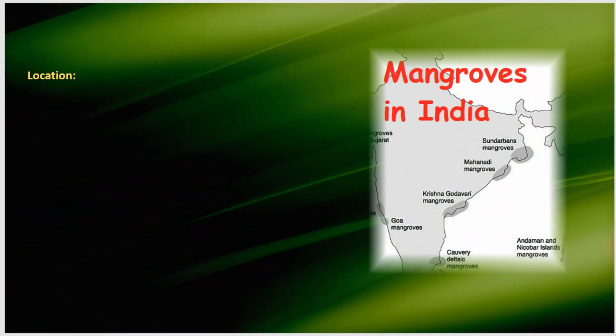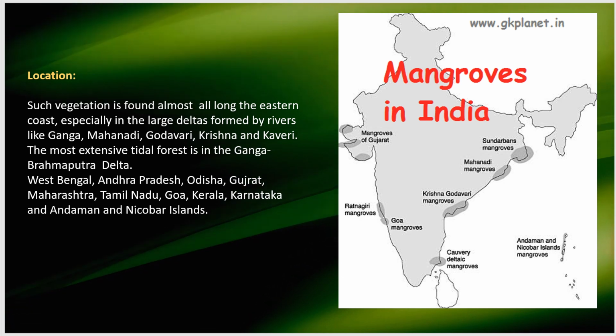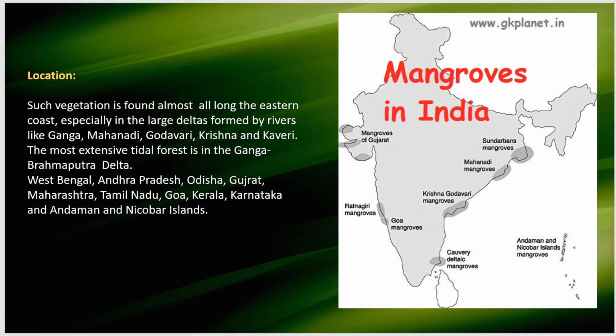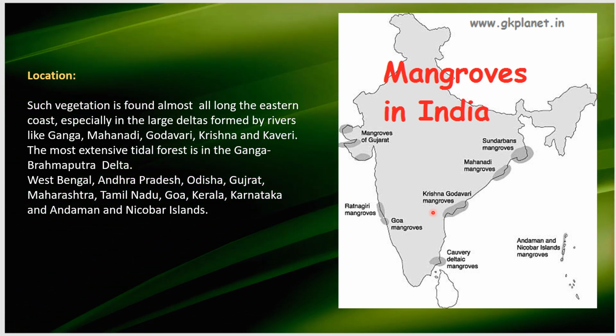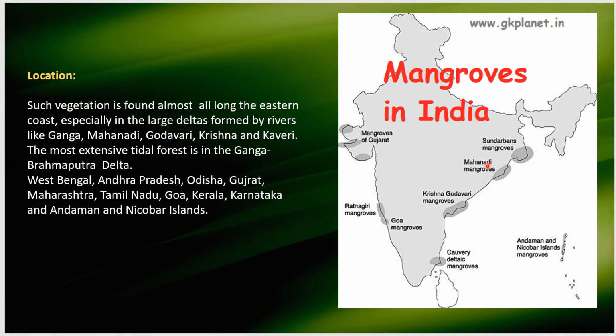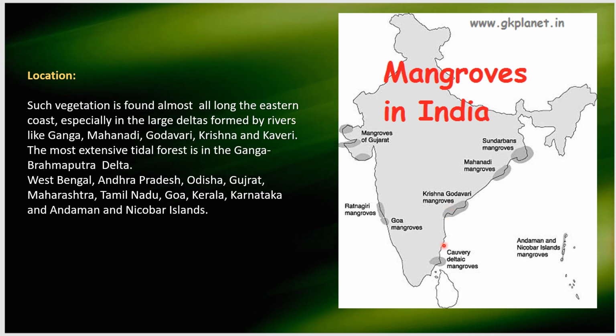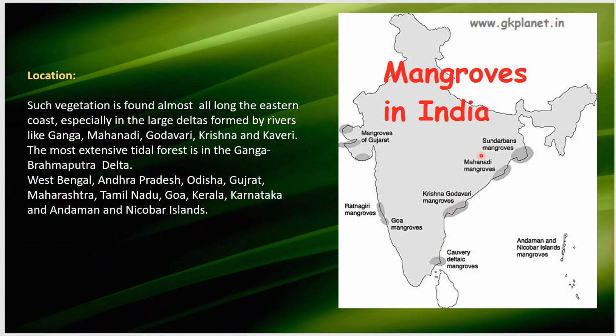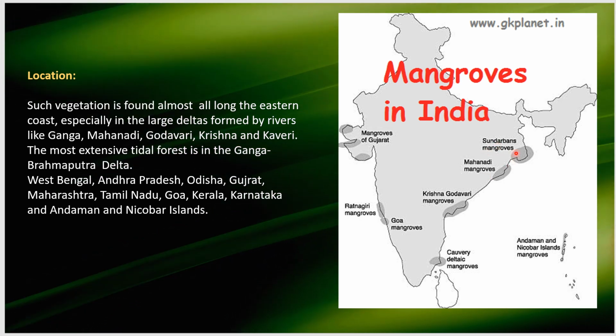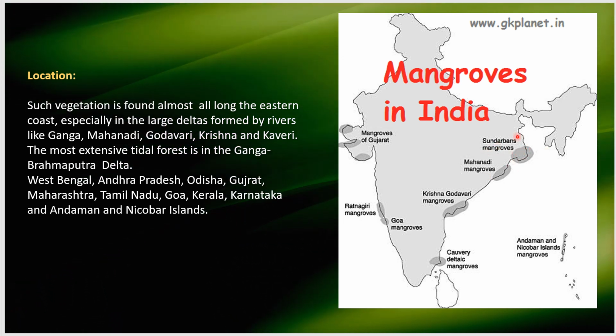Such coastal forests are found all along the eastern coast, especially in the large deltas formed by rivers like Ganga, Mahanadi, Godavari, Krishna and Kaveri. The most extensive tidal forest is in the Ganga Brahmaputra delta, that is the Sundarbans.